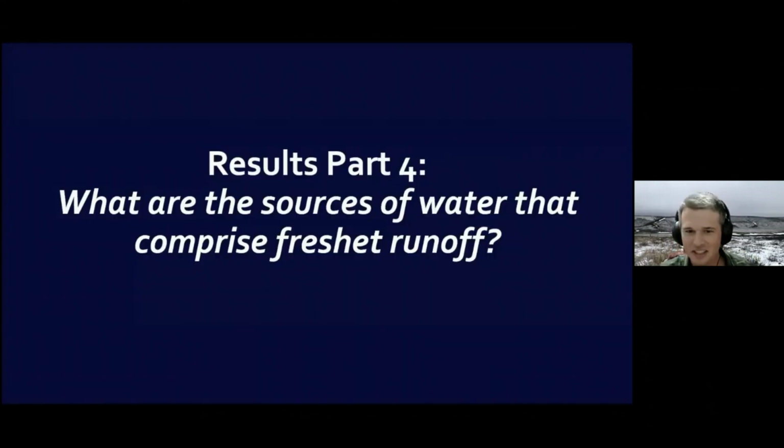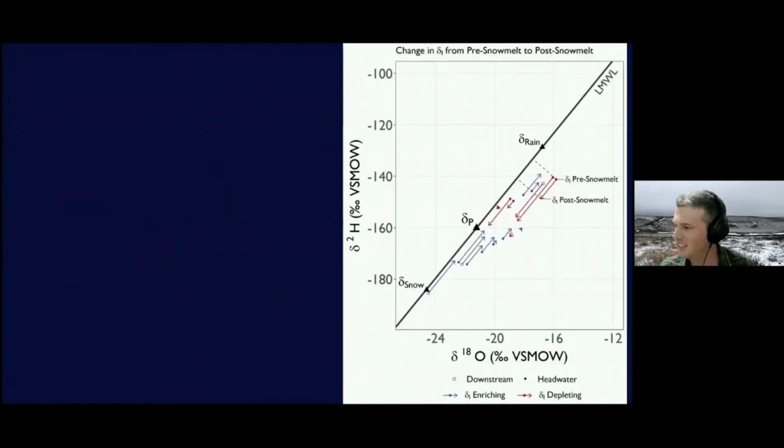Our last question was, what are the sources of water that comprise freshet runoff? Here we have delta I, or source water, plotted, and we have to offset them off the meteoric water line because they all plot along that line, and then we can't really see what's going on. Pre-snowmelt is represented by the dot, and the direction it's going is represented by the arrow, showing where it got to post-snowmelt.